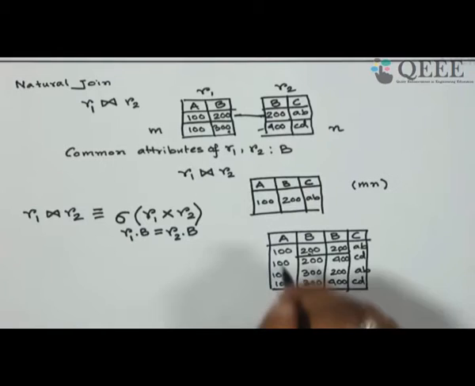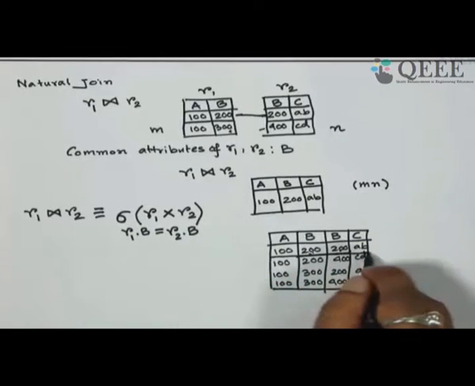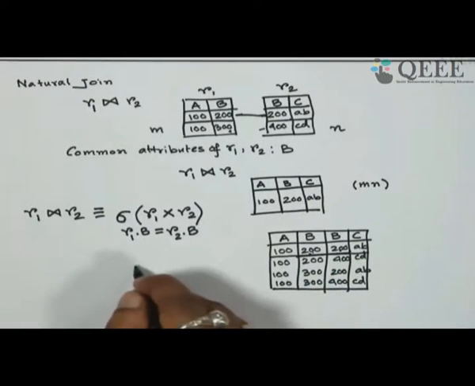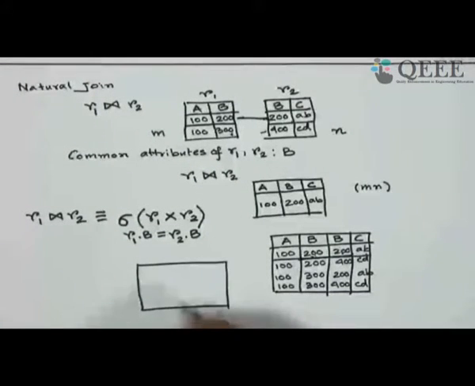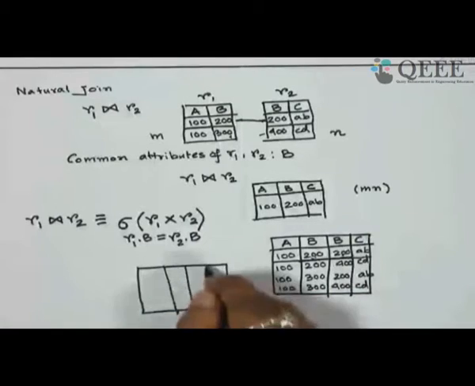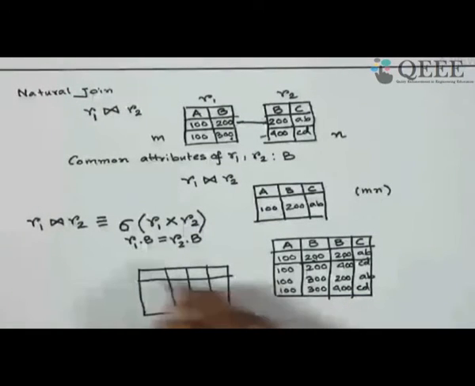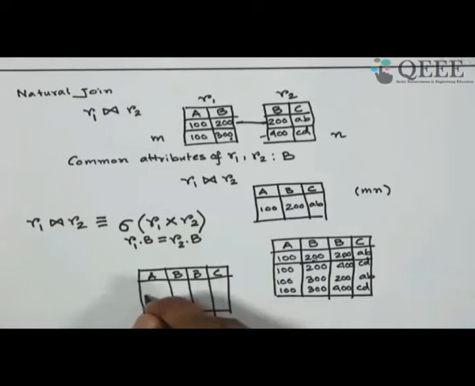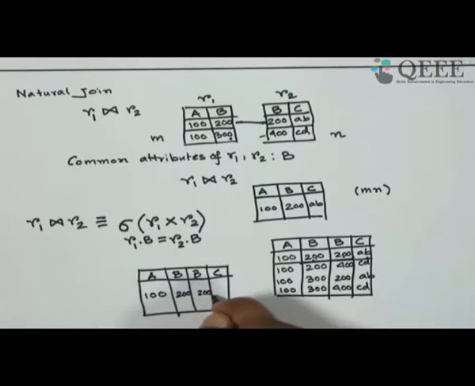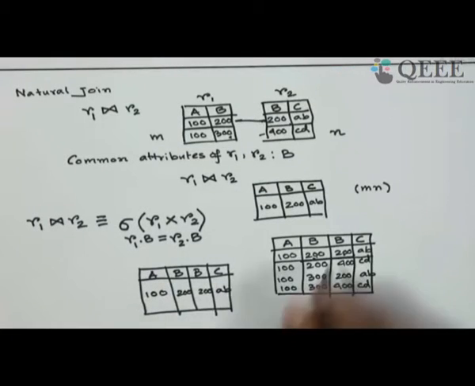So only this tuple will be selected. So what is the result of this? The result of this is just one tuple, just this tuple after selection.